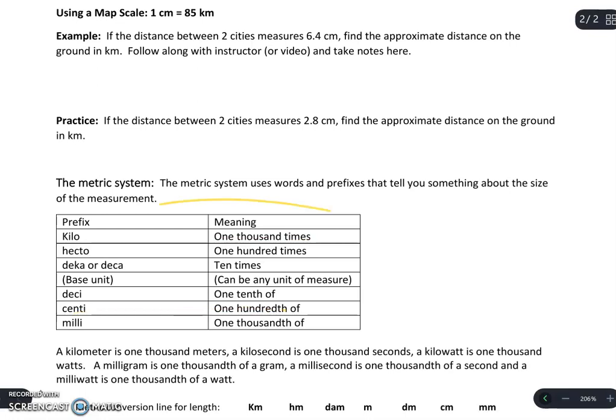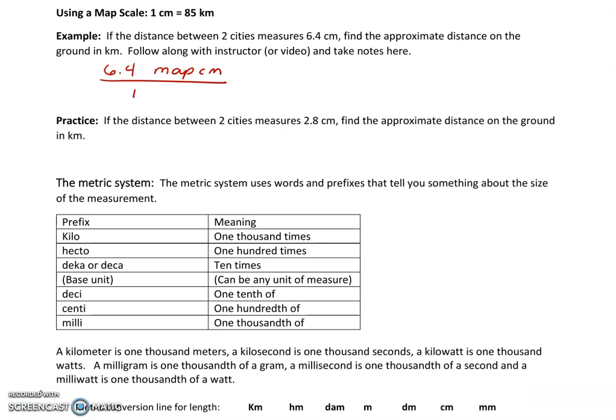If it's not the metric conversion sliding conversion bar that we're doing here, we're just saying this is our scale factor. So if the distance between two cities measures 6.4 centimeters on the map, I'm going to say map centimeters, just so you track that, then find the approximate distance on the ground in kilometers.